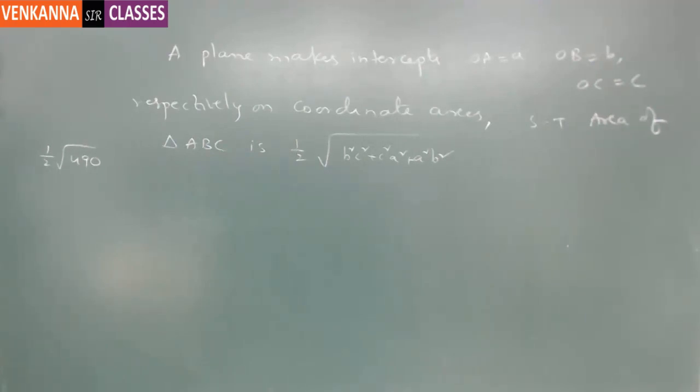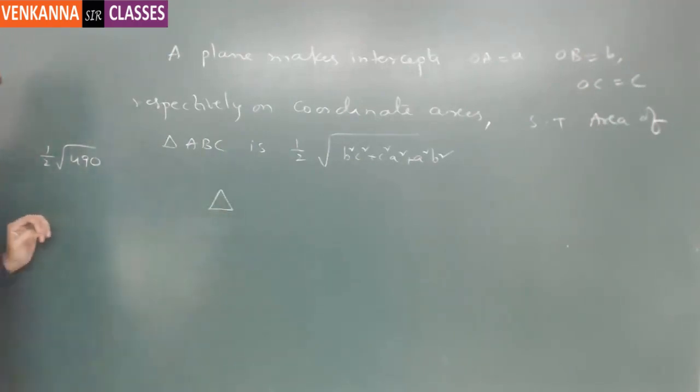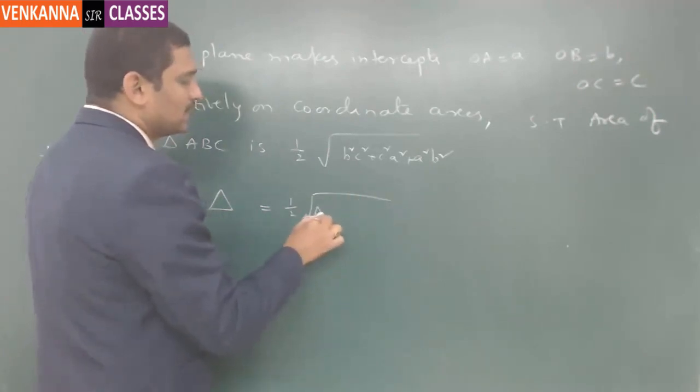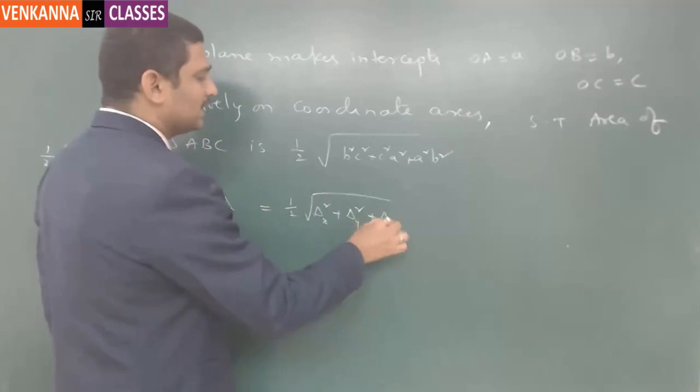It is nothing but half into square root of b square c square plus c square a square plus a square b square. Using the same technique earlier, we will do the problem. There is no change at all. So if you take that delta is area of triangle ABC, then it is nothing but half into square root of delta x square plus delta y square plus delta z square.